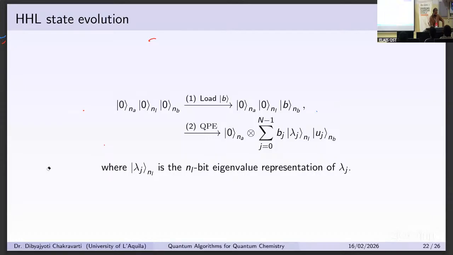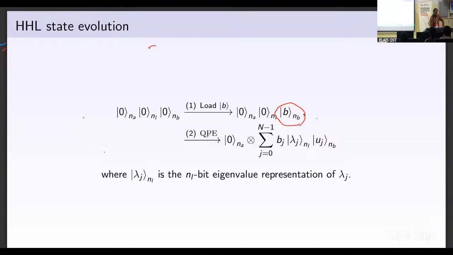So we load B. In the register NB, we have loaded B. We apply QPE. And if you remember, the control of the QPE is in these qubits. That's why you can see the eigenvalues are stored in the NL register. So lambda j, the eigenvalues, this is an NL-bit eigenvalue representation of lambda j.